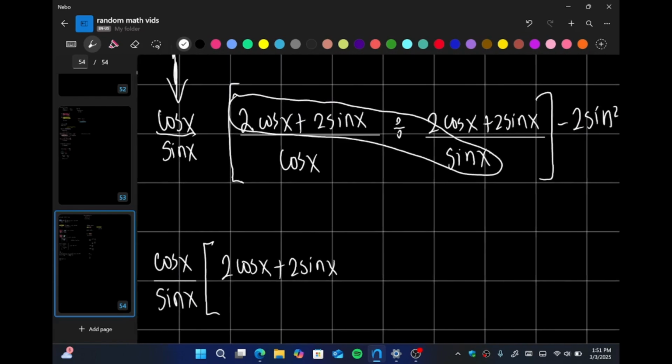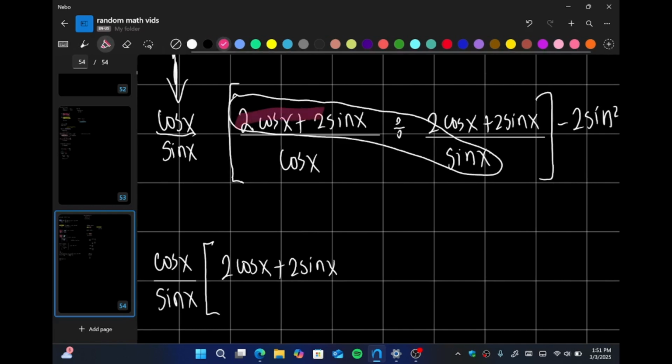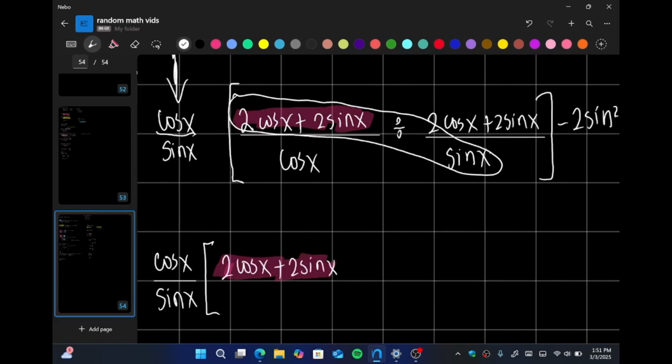So in reality, we have the 2 cosine x plus 2 sine x, right? And then it's going to go times the sine x, okay?